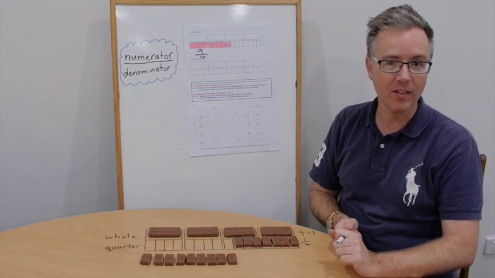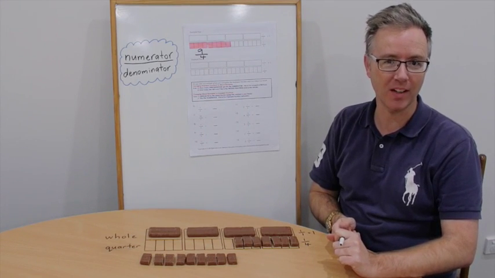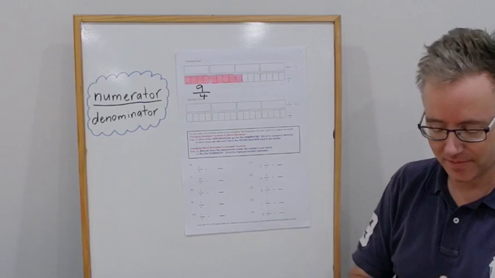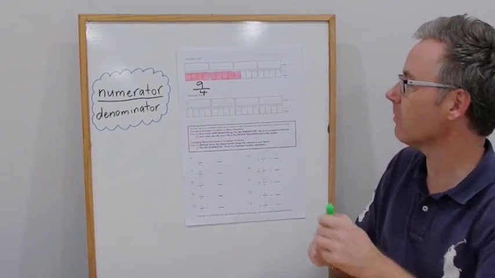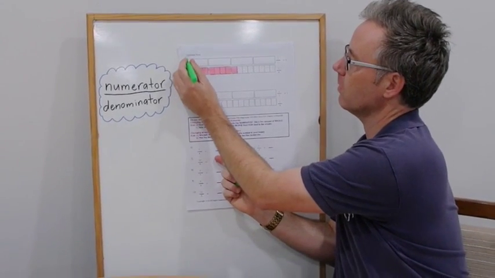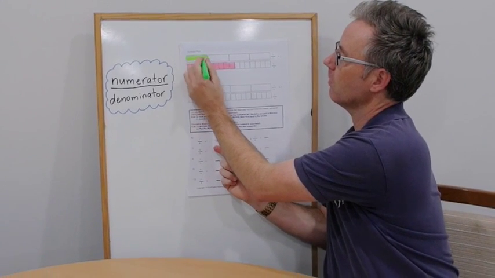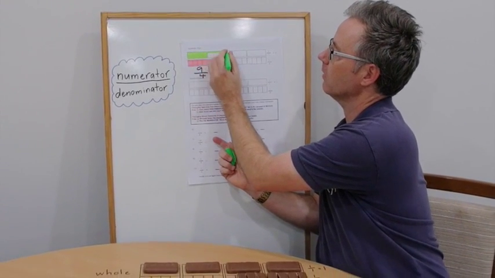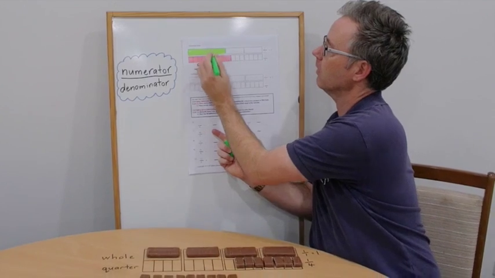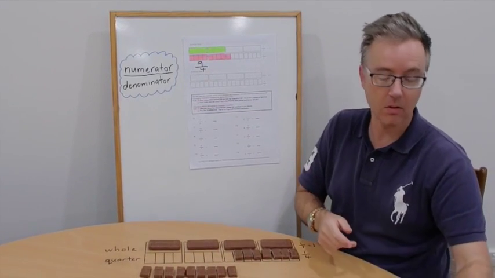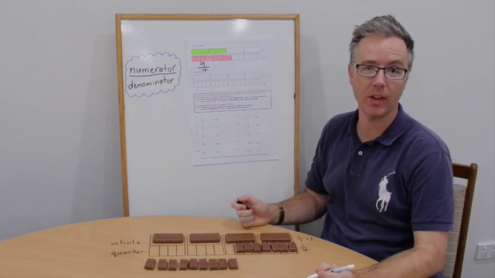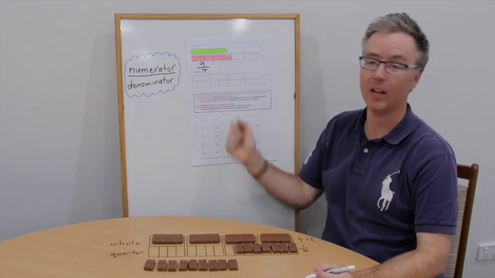Would you please write what you think the mixed numeral is now? Did you come up with the answer 2 wholes and 1 quarter?